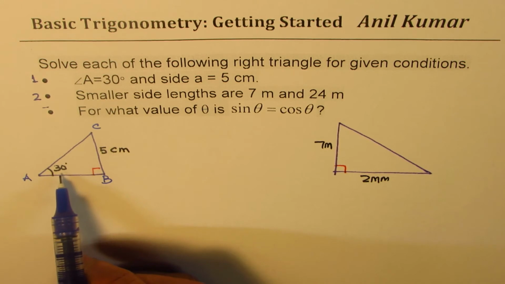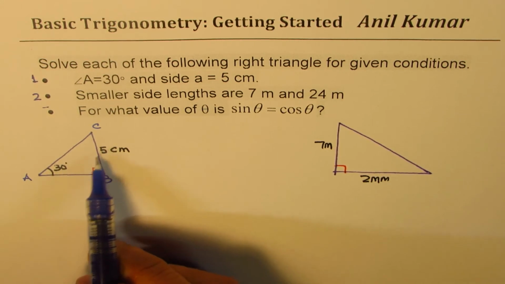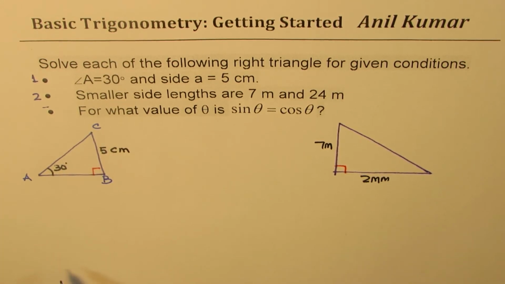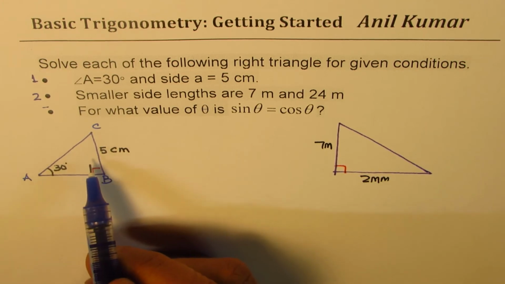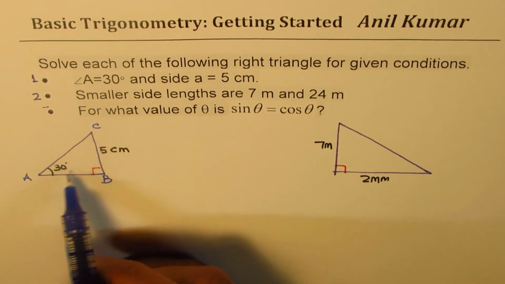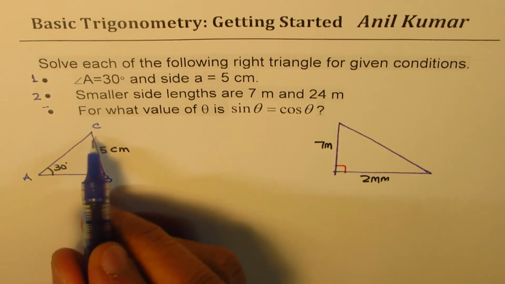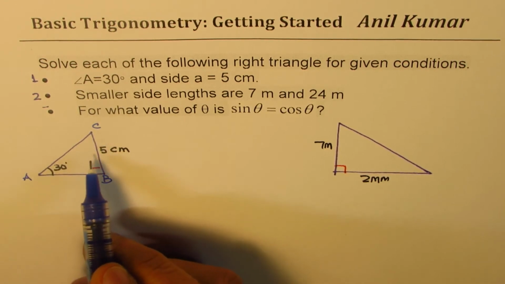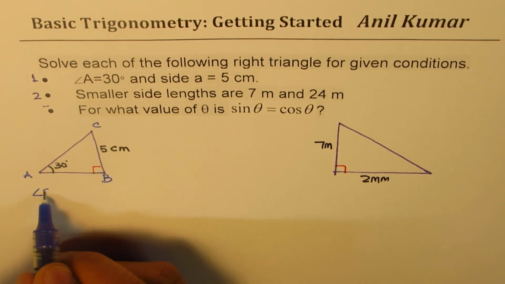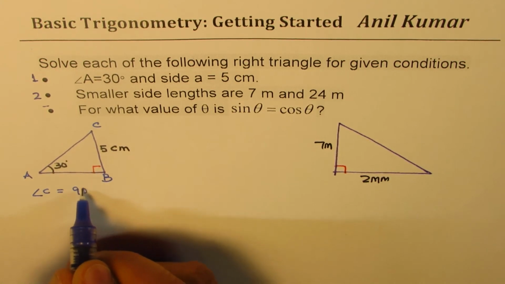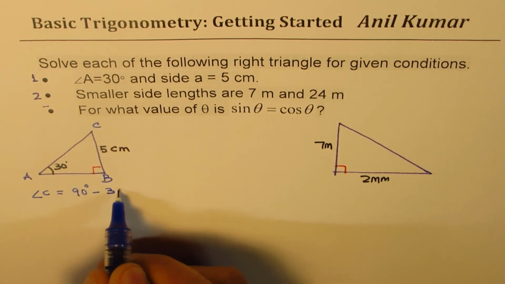Now here we are given one angle and one side. How do we find the other angle? Well, the other angle is very simple. The sum of all the angles is 180 degrees. Therefore, angle C is equal to 90 degrees minus 30 degrees.